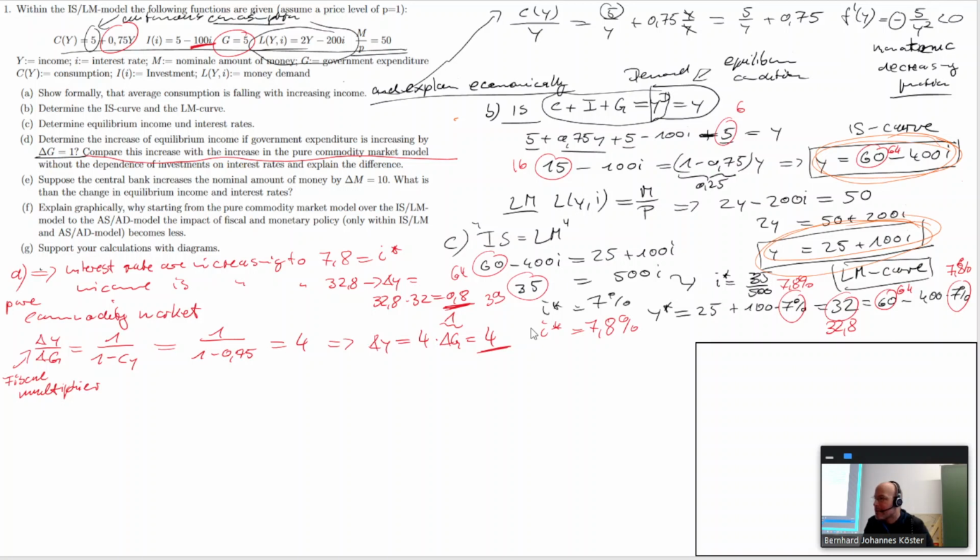And this means that via the LM curve, we have an increase of interest rates. We also see the push on the interest rates, from 7.7% up to 7.8%. And what does this mean? Now we have a feedback to our commodity market, that investment is depending on interest rates.